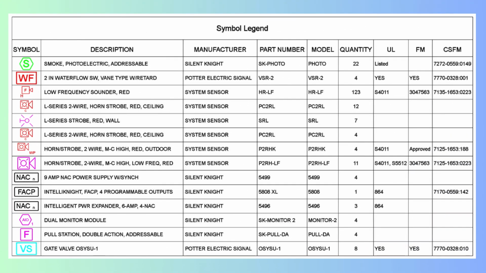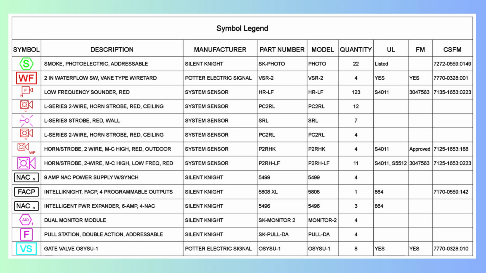A fire alarm symbol legend explains the symbols used in design drawings for clarity and standardization. Key symbols: input devices, smoke detectors, circle with S; heat detectors, circle with H; manual pull stations, rectangle with MPS; output devices, strobes, starburst, horns, triangle or sound lines, horn/strobes, combined symbols.